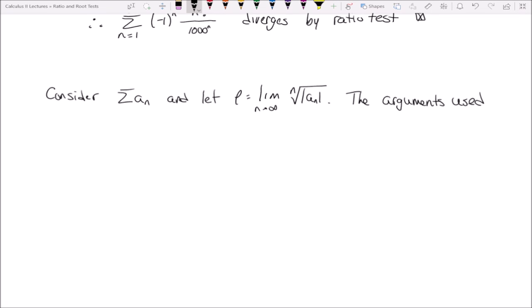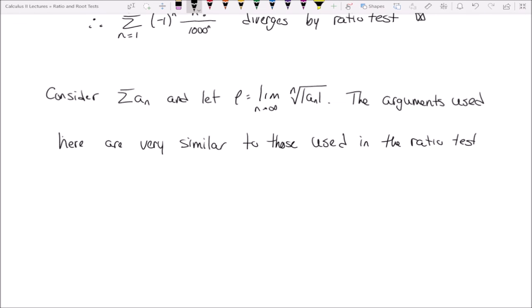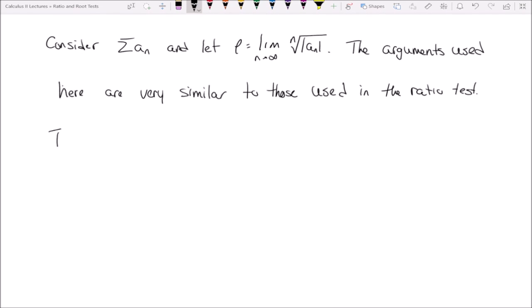The arguments used here are very similar to those used in the ratio test. And so I'm just going to state this next theorem, which is the root test.